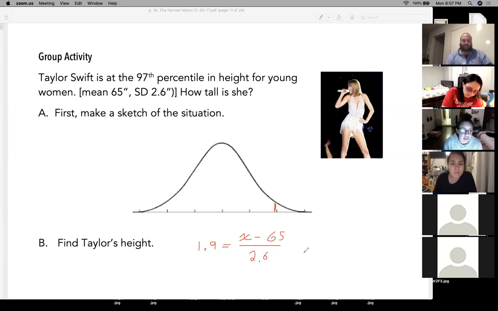So let's see how tall she is. What do we get? 114.4. That doesn't make sense. Try again. What am I doing? Something's wrong. 4.94? Yeah, 69.94. Now, 12, 24, 36, 48, 60. She's about 5'10".